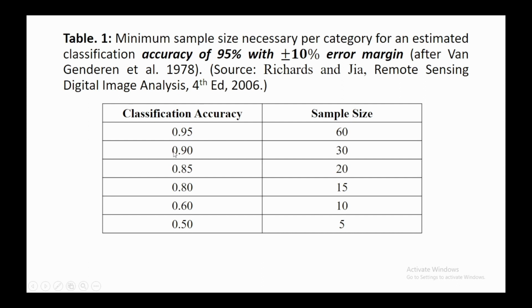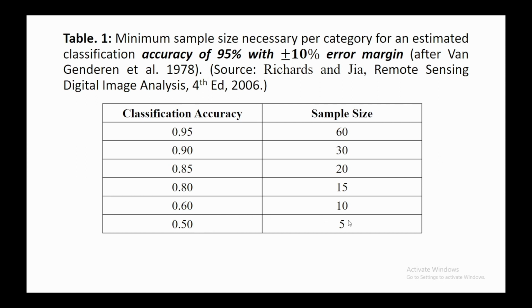Coming to the second option here, if you are expecting an accuracy of 90%, then each class or each category must have at least 30 pixels. Similarly, for 85% classification accuracy, the minimum number of pixels per class must be 20. For 80% it is 15. For 60% it is 10. And lastly, for 50% it is 5.